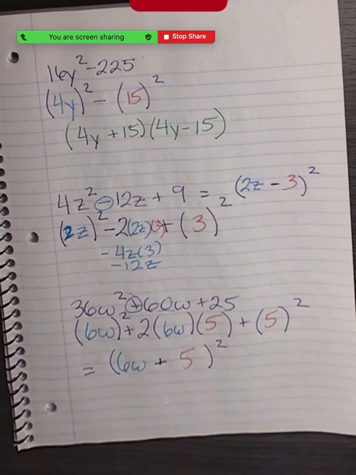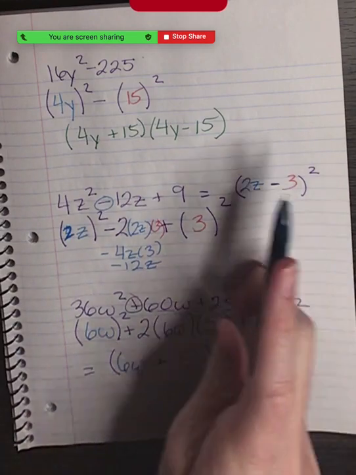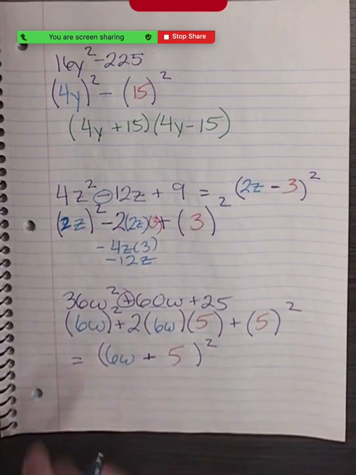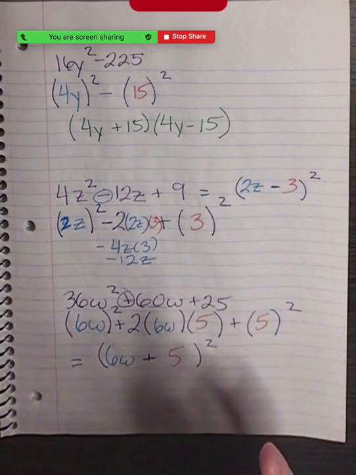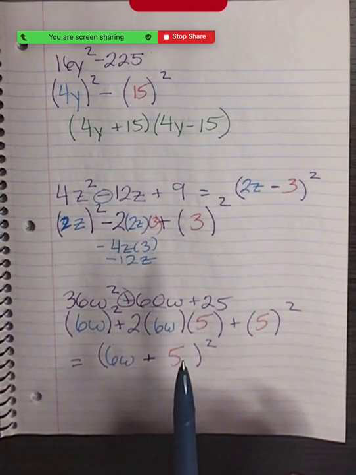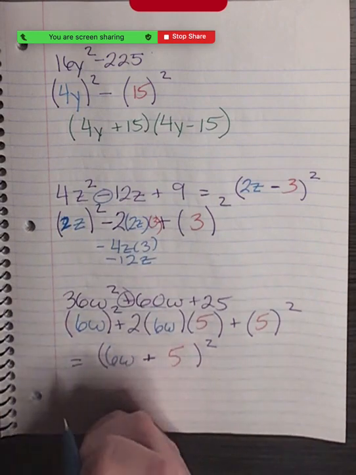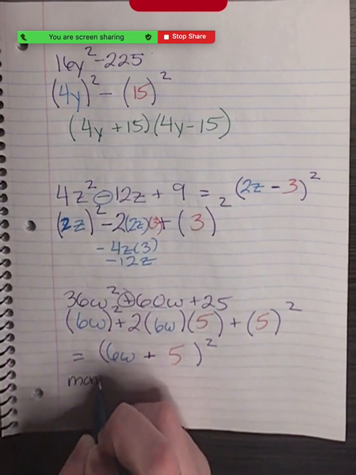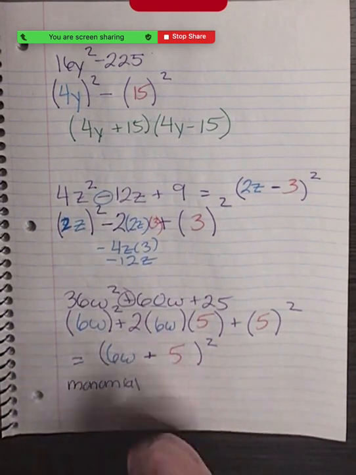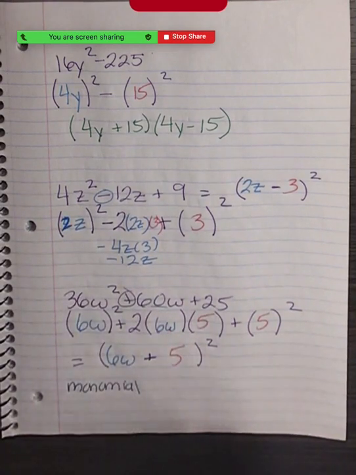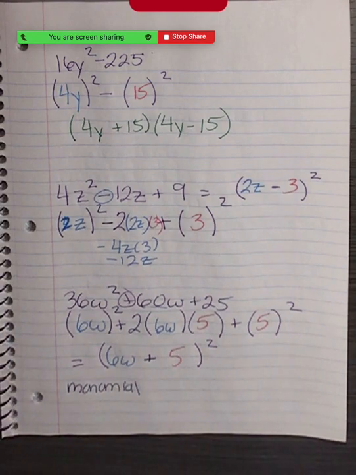One other thing to note is that when you're given quadratics, before you start trying to factor, you want to look to see if you can factor out a monomial. Meaning, do all terms have something in common? If they do, factor it out first and it'll make it easier to factor.